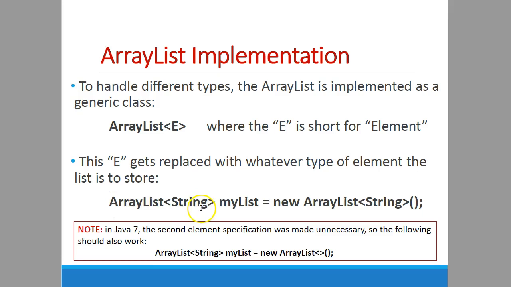Just like you would say int x equals, and then you would declare what it is, or really a string would be a better example because a string is a real class. So you would say string s equals new string, open paren, close paren. This is a new terminology that you have to get used to, but you're going to be using it throughout all of the Java collections classes. So this is a parameter, and the parameter that we're supplying is string in this case.